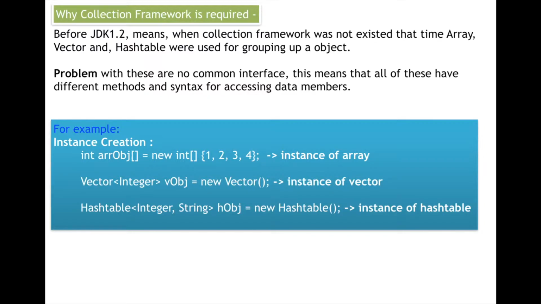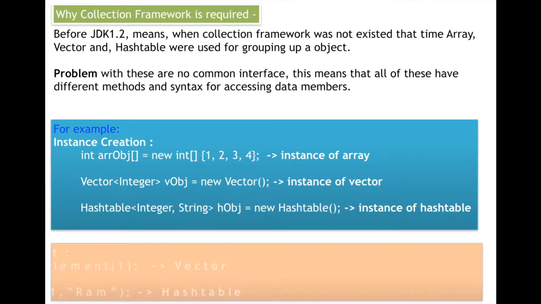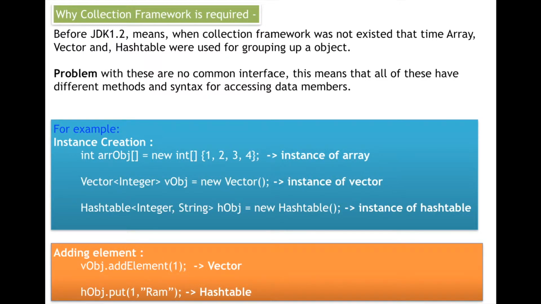And if we want to create a hash table object, we do new Hashtable. See, if we want to add an element to our vector data structure, there is a method called addElement. Whereas for adding an object to a hash table, we need to use the put method. So the data structures array, vector, hash table have different ways of adding an element.